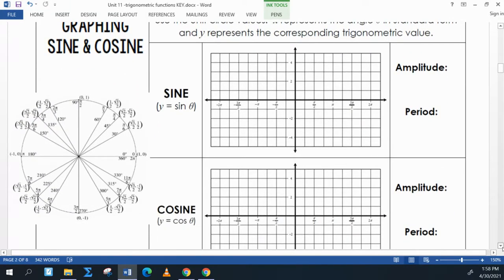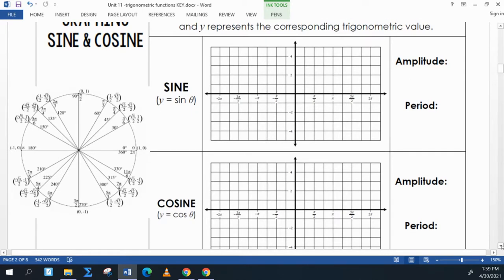As we're graphing, we could start off with an XY table, or a theta-Y table, I guess is what we could say. Instead of our x's, we'll put in our angle values, and it will give me a y value. Remember that the sine really is the y value, and the cosine is the x value.